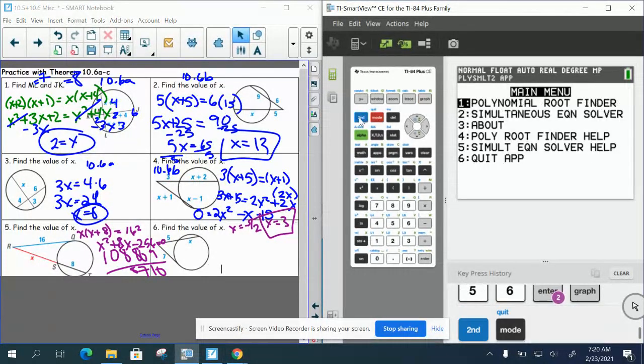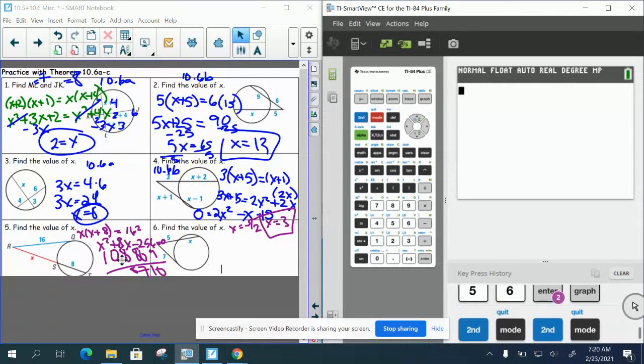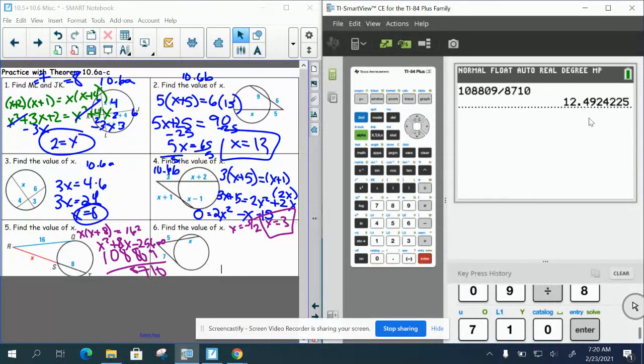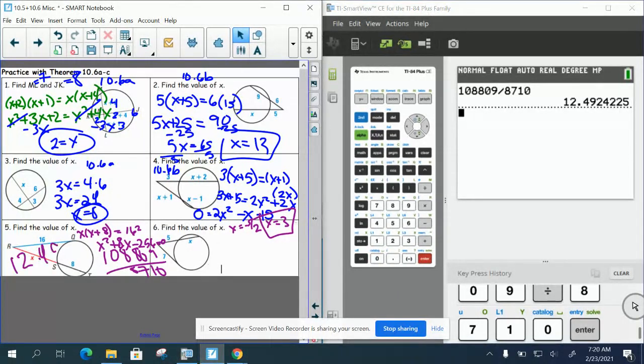So I'm going to press second quit, and I'm just going to type this in, not using the fraction button. 809 divided by 8710, and then that'll give me a decimal. So 12.49. I'll have to double check what the book says about that question.